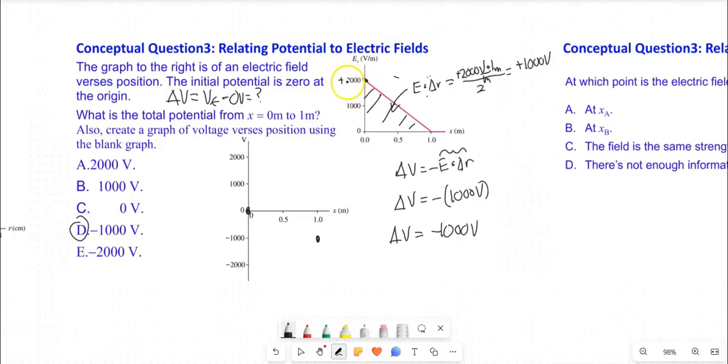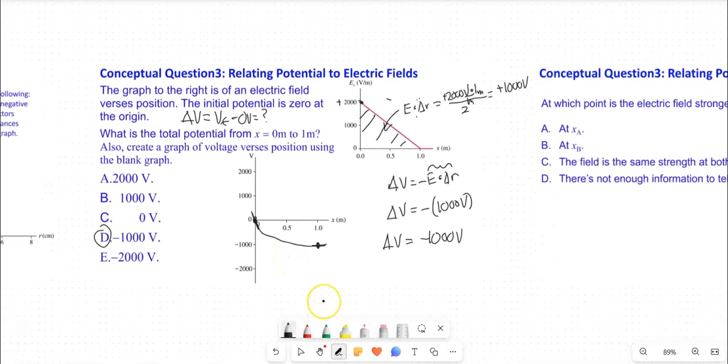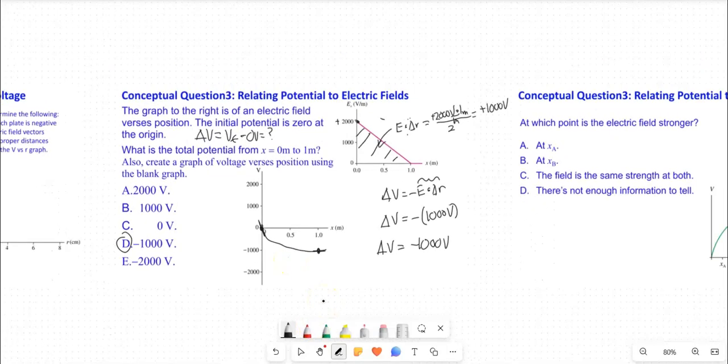Well, the y-intercept here is the initial slope. So the positive 2,000 is going to start off with a really negative slope, and then that slope drops off to 0 as it approaches this. So this is going to look something like this, where it eventually drops off to 0. Okay? That's our first conceptual question.